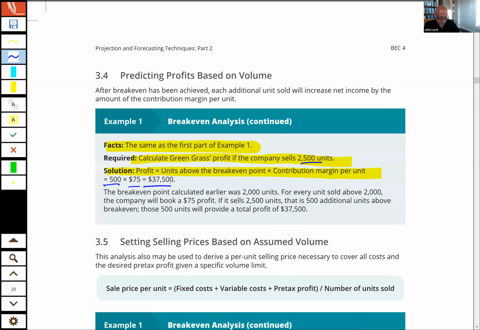So the point of this example is to show you how you can use that contribution margin. It almost becomes like an elevator discussion where you're saying, well, look, since we break even at 2,000 and our contribution margin is $75 per unit, hey, Joe, quick on your phone calculator, what's 500 times 75? Okay, that's going to give me 37,500 more of profit.